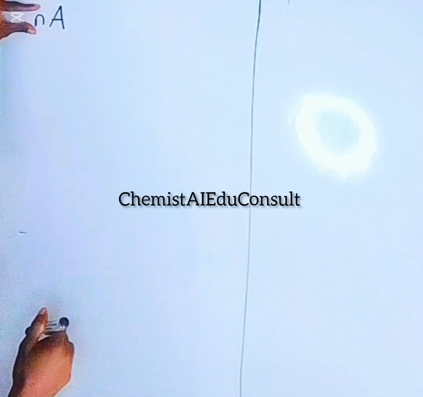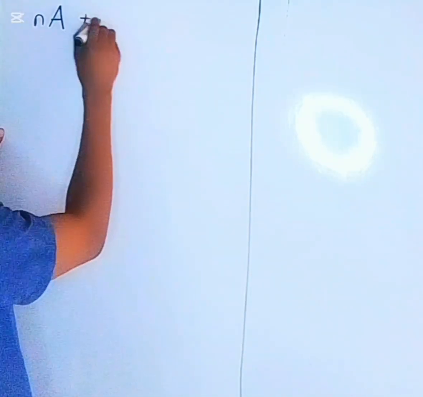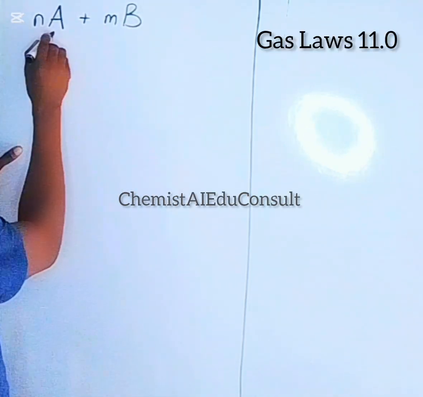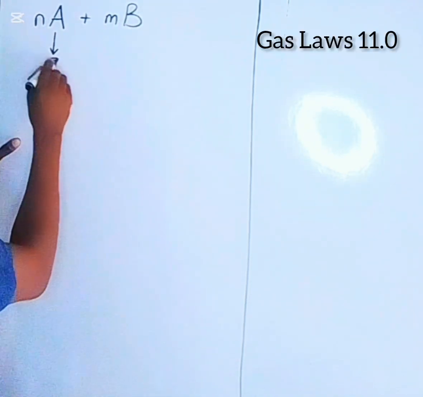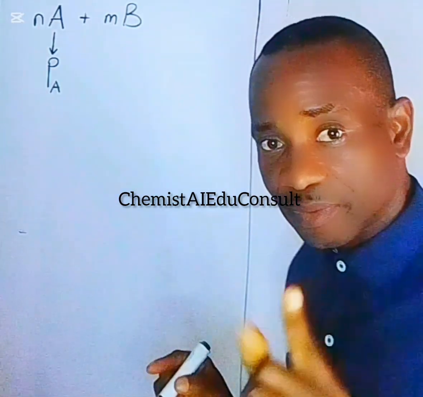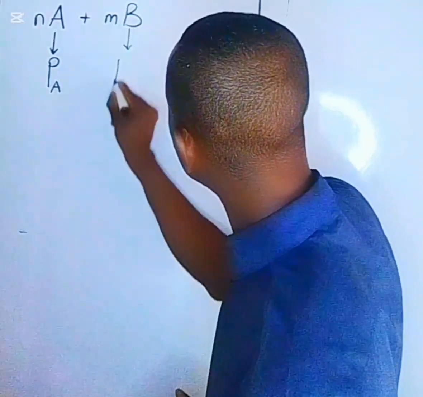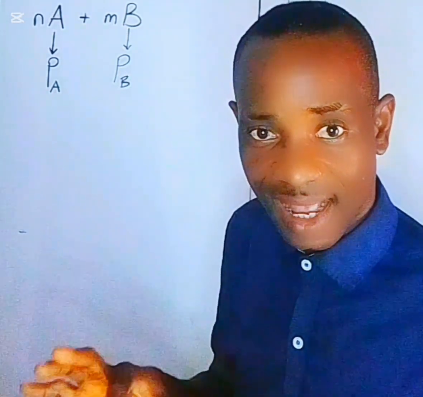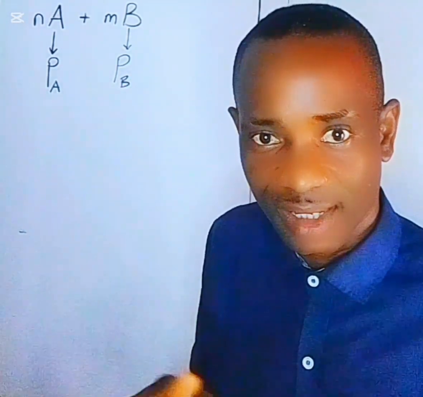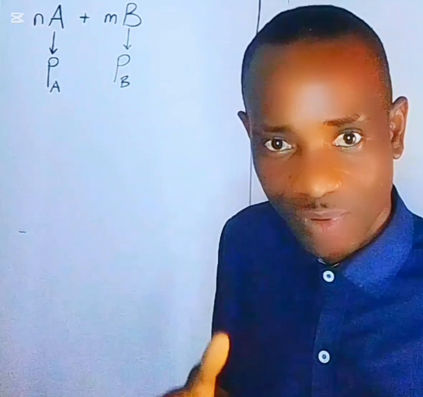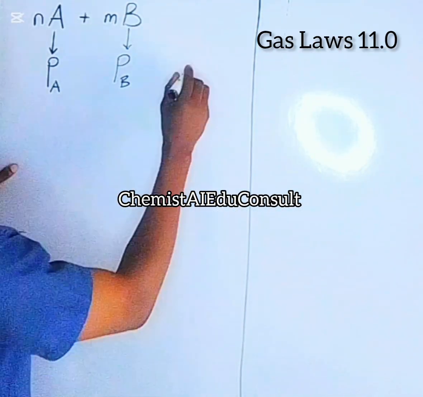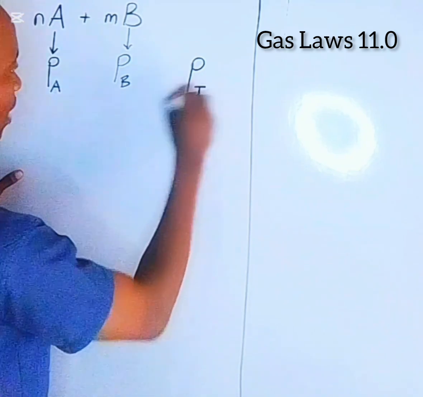If we have n moles of gas A and m moles of gas B as a mixture, this gas A has a pressure known as PA. Also, this gas B has a pressure known as PB. When these gases exist as a mixture, there is a total pressure exerted by the two gases, and that pressure is called P total, PT.